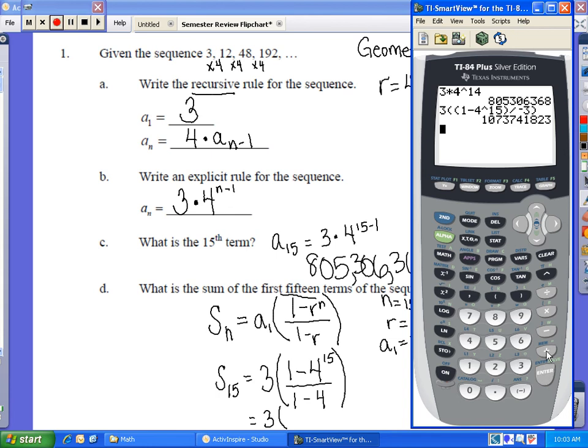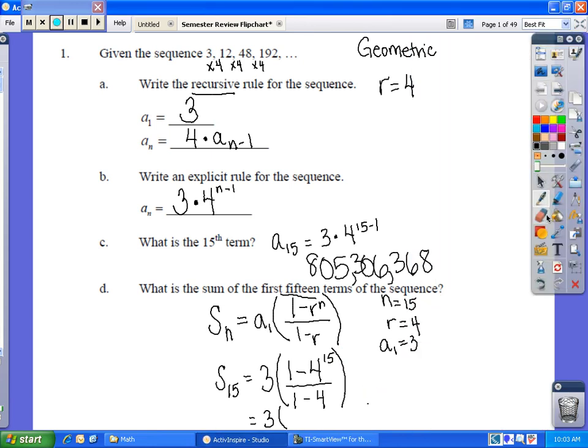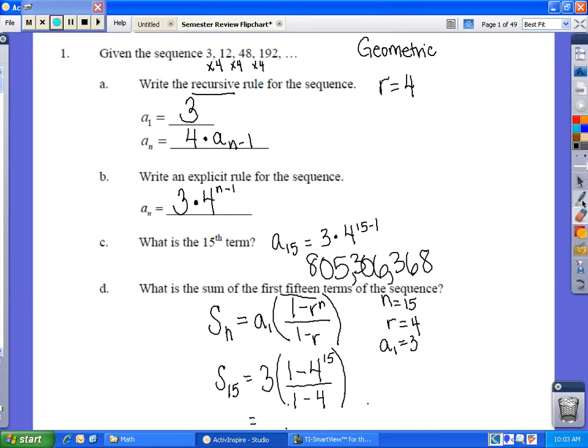Hit enter and you should get 1073741823. And put in your commas, and you get 1,073,741,823.